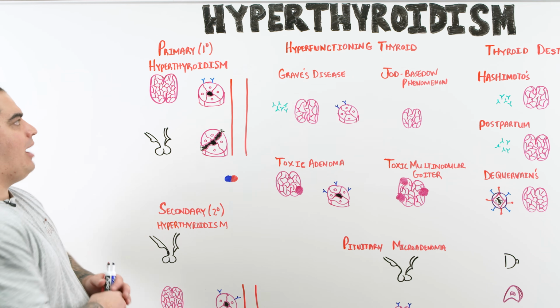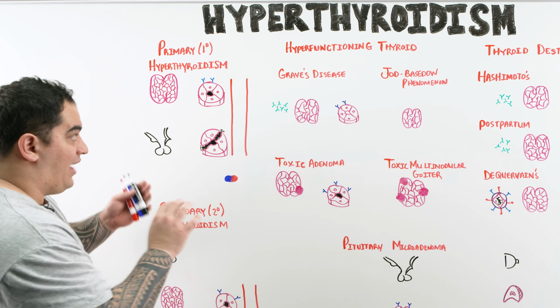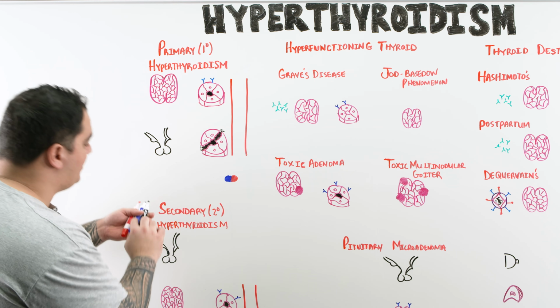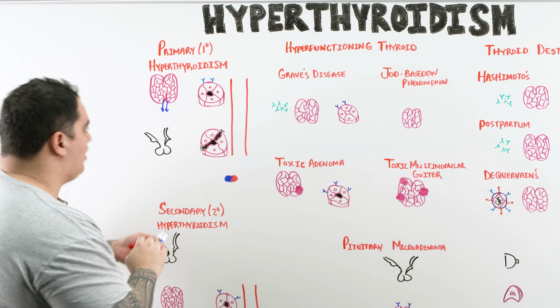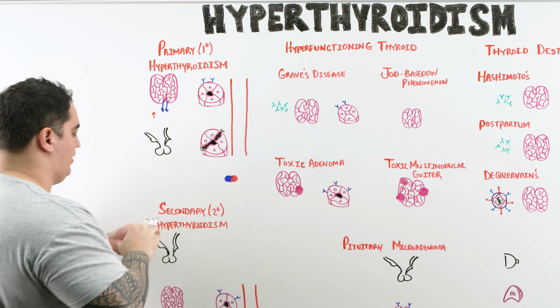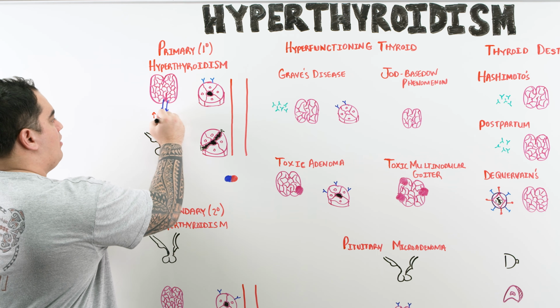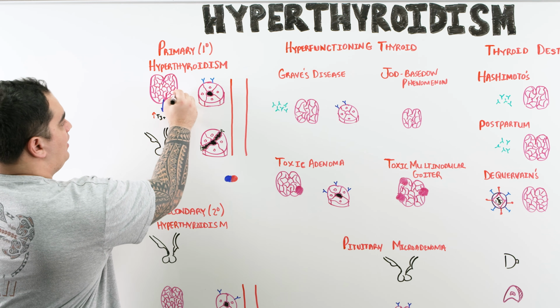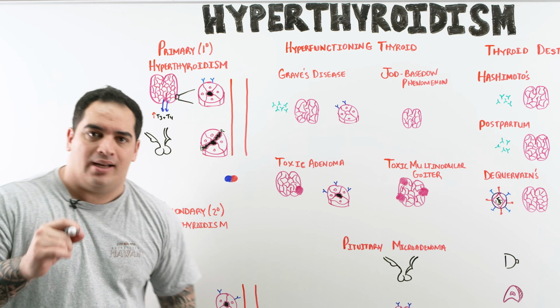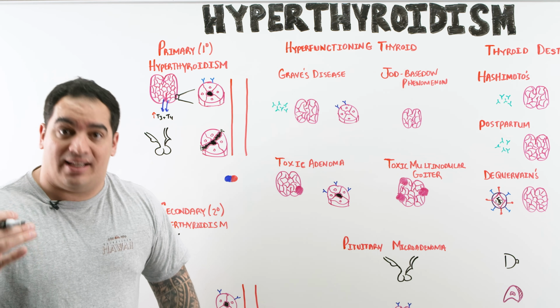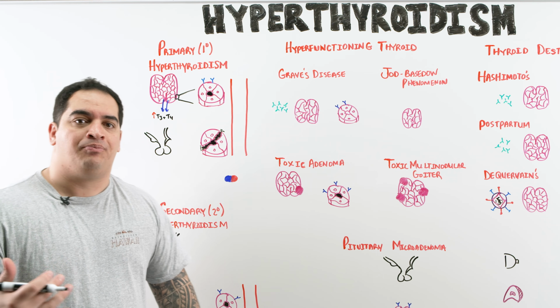When we talk about primary hyperthyroidism, the problem is the actual thyroid gland itself. Now, what happens here is this puppy is just pumping out tons of T3 and T4. When we zoom in on these follicular cells and understand a bit more of the mechanism of how they're pumping out that T3 and T4, it really helps us.